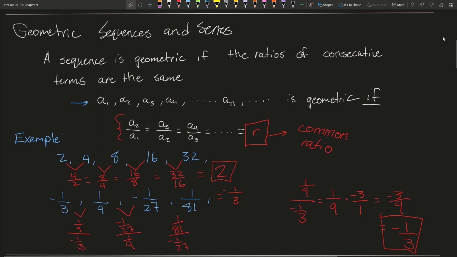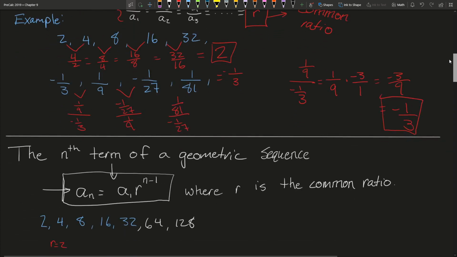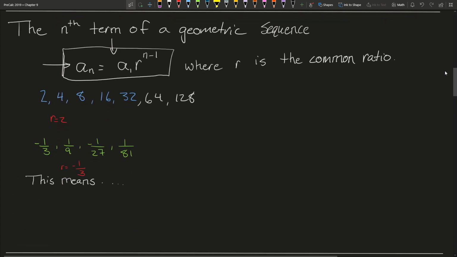Okay, so let's do some examples. Actually, let's not do examples yet. The first thing we need to do is to actually find the nth term. Kind of like arithmetic sequences, we need to be able to find the nth term, and then we need to be able to sum things together. So in order to find the nth term of a geometric sequence, we take the first term times the common ratio to the power of n minus 1.